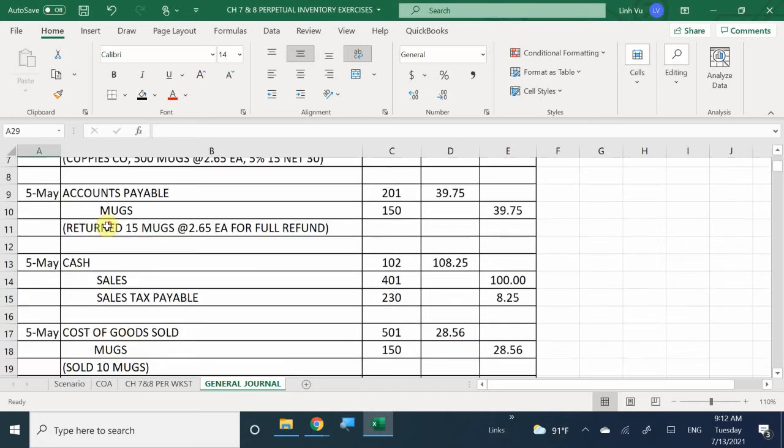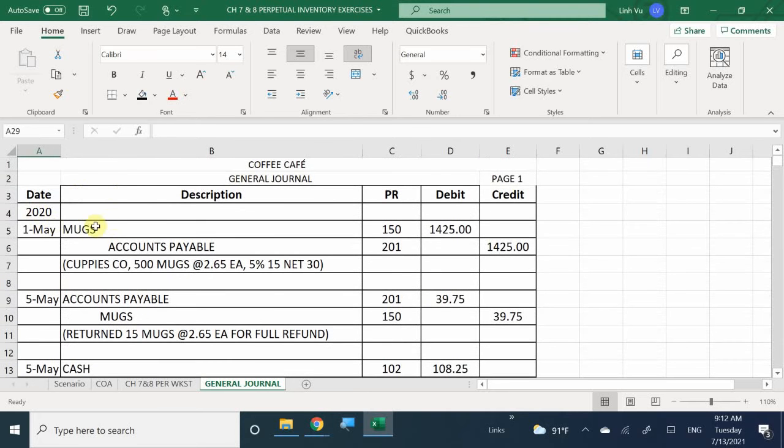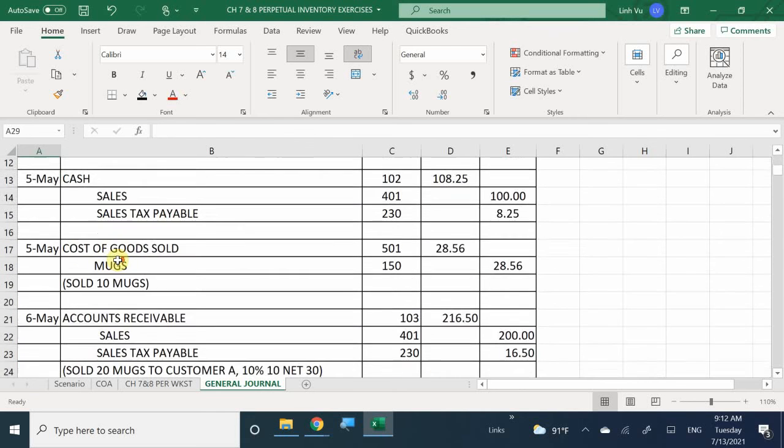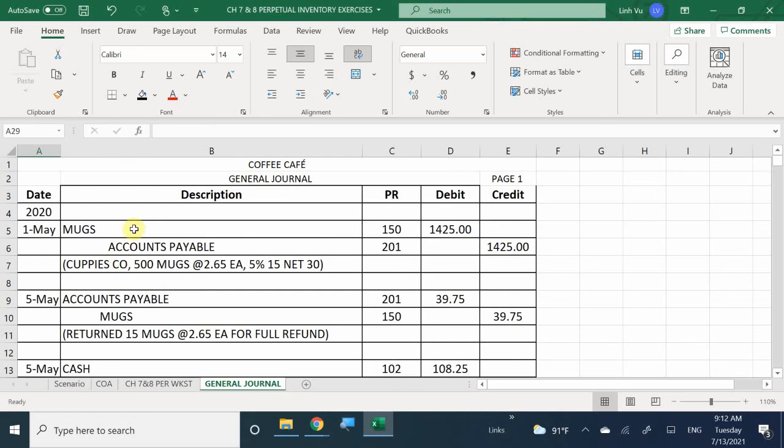How should I journalize this? I'll go with purchase. Purchase what? Mugs, good. And accounts payable, good.